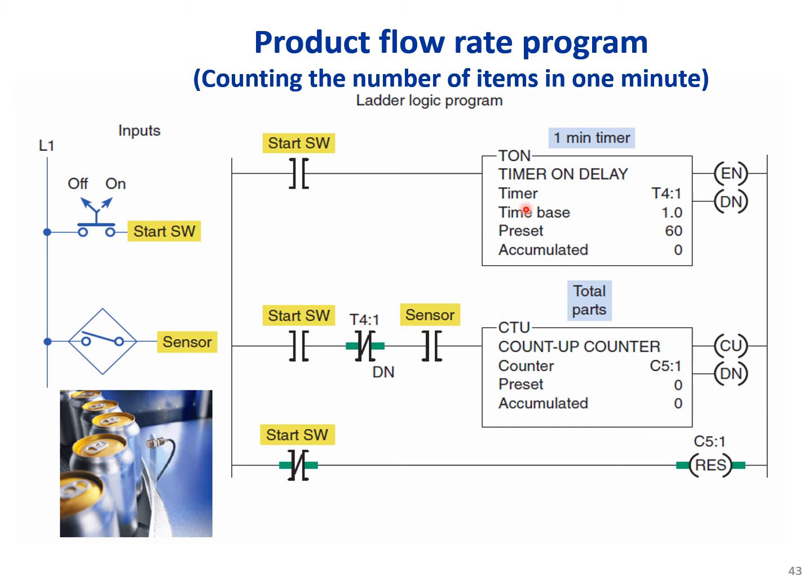Once the done bit of the timer becomes true, it means that the 60 seconds have passed, and then it will stop counting. In 60 seconds, we counted the number of cans, so we could have the flow rate of the cans passing by the sensor. For example, if we count 20 cans in 60 seconds, the flow rate will be 20 divided by 60.